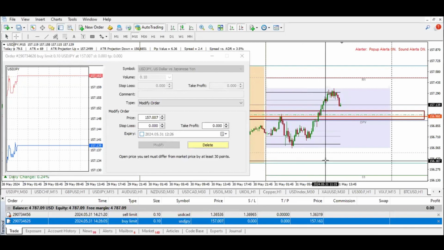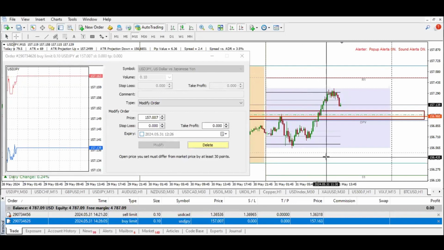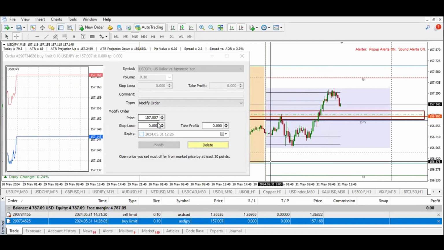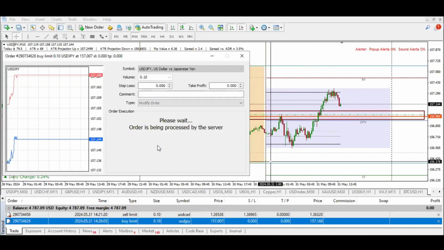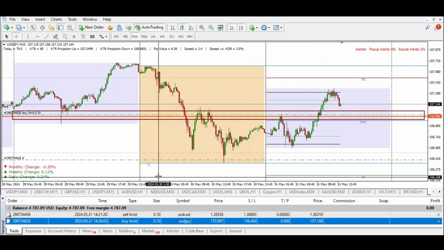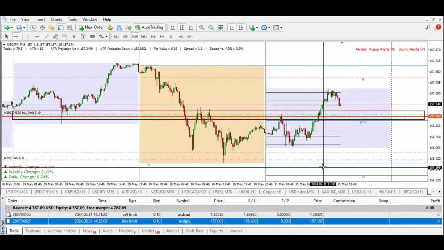Let's say the entry is 156.700 and the stop is 156.400, as an example. In this case, this is about 60 pips.